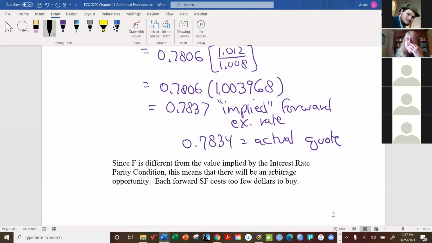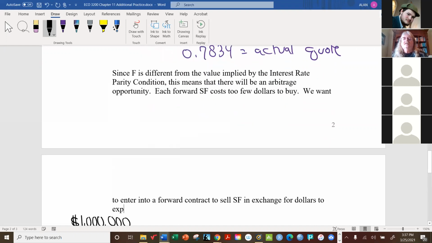In other words, we're being offered a price that's too low for the forward Swiss francs. So that means we want to enter into a forward contract to sell Swiss francs in exchange for dollars to exploit this opportunity.